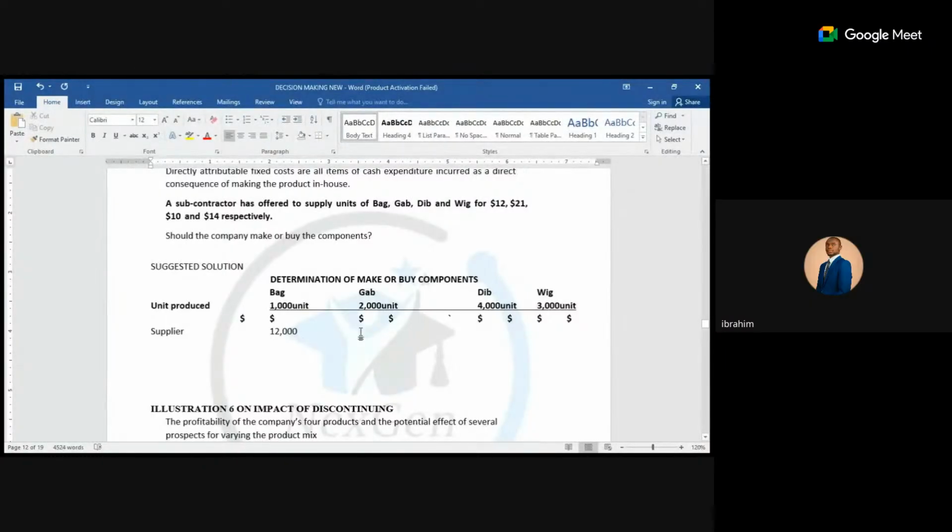Right? So for Gab, we have 21 naira per unit, and we have 2,000 units. So 21 times 2,000, what do we have? That is 42,000. Next, we have 10 times 4,000 units. 40,000 naira.